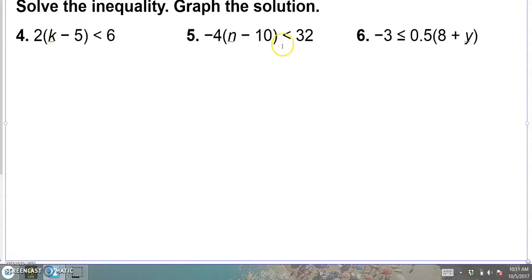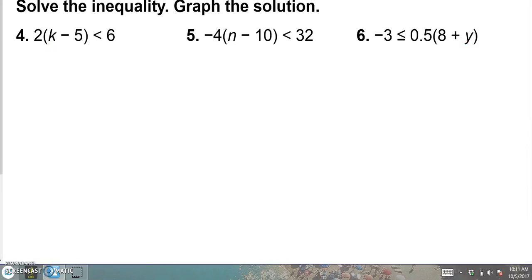Okay, so I'm going to do 2 of these, and please do the other one. So one way, I'm just going to divide through, and then I'm going to actually distribute, just to show you that you could do both. Okay, so for the first one, I'm just going to multiply through. So we have 2k plus -10 is less than 6.